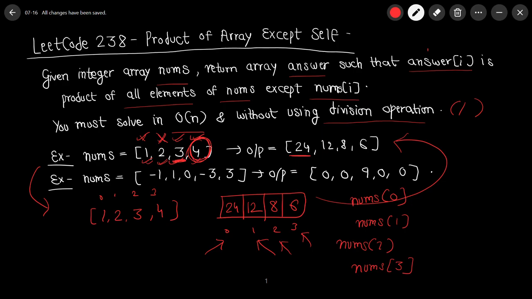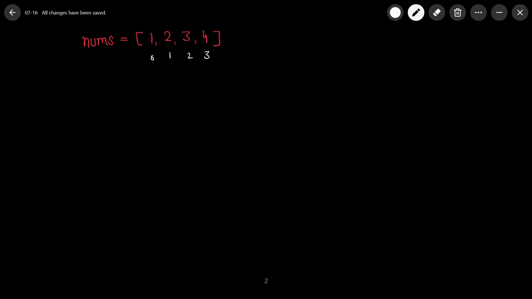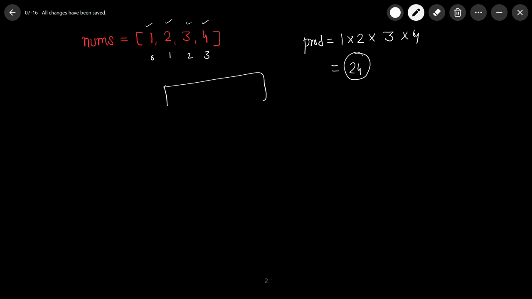So let's head over to the approach of solving this. The very first or naive solution would be, we can compute the product of all elements first. That is 1 into 2 into 3 into 4, which is nothing but 24. While filling the answer array, at answer of 0, we want the product of everything except nums of 0.